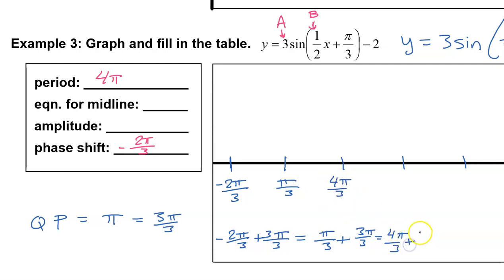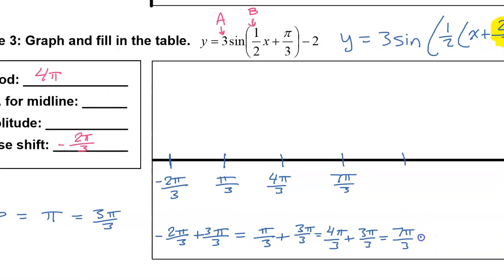Okay, let's add another 3 pi over 3. And that'll be 7 pi over 3. So that's what this is. And let's add one more quarter period. And that will give me 10 pi over 3. Okay, great.